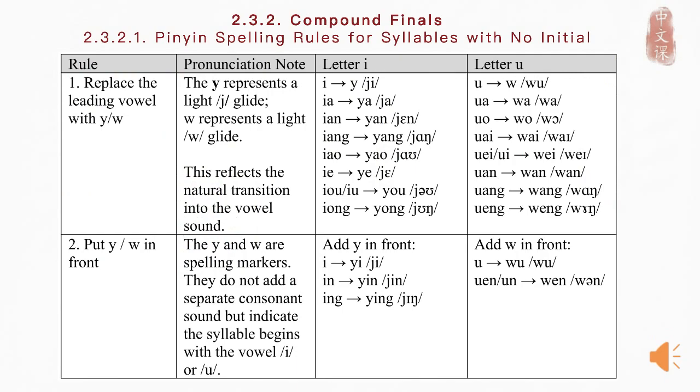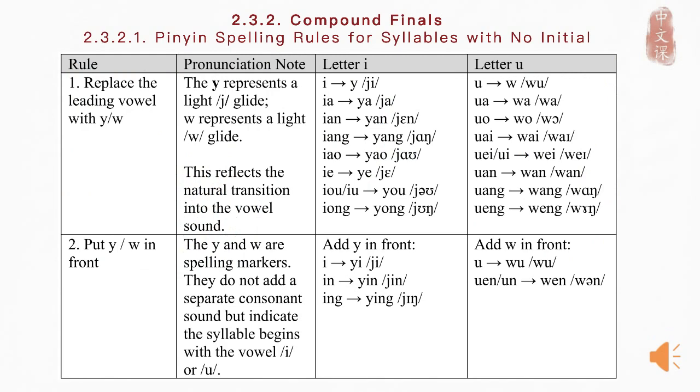Compound finals. Pinyin spelling rules for syllables with no initial. Rule number 1. Replace the leading vowel with y, w. The letter y represents a light i glide, w represents a light w glide. This reflects the natural transition into the vowel sound. For example, ya, yan, yong, yao, ye, yo, yun, wu, wa, wo, wai, wei, wan, wang, weng.